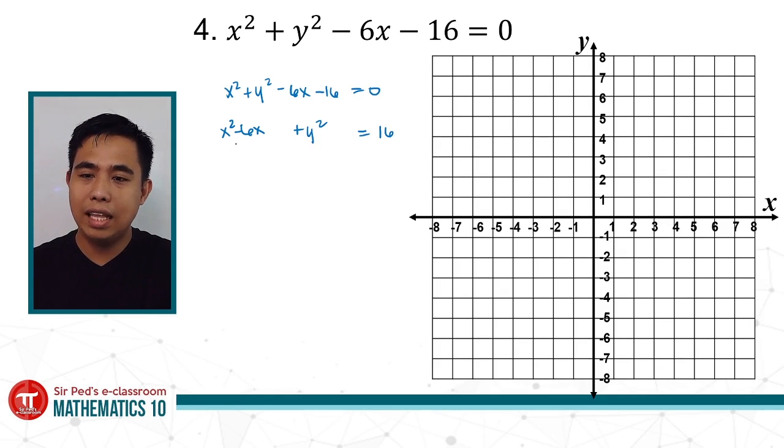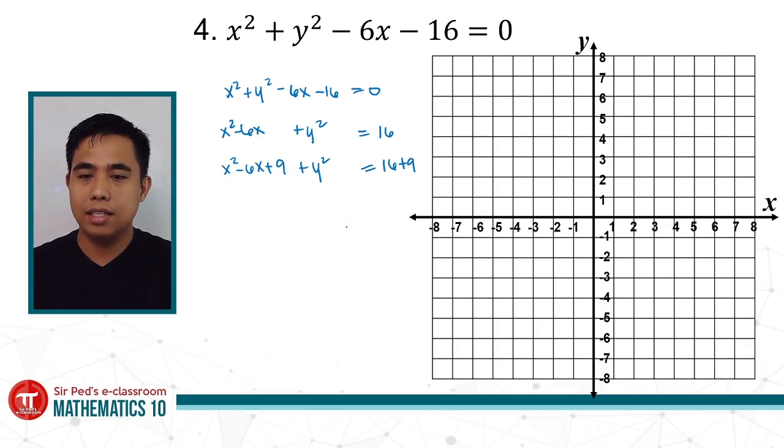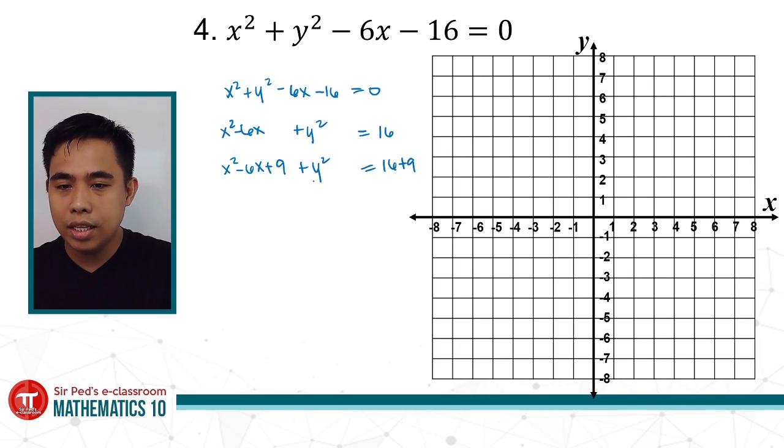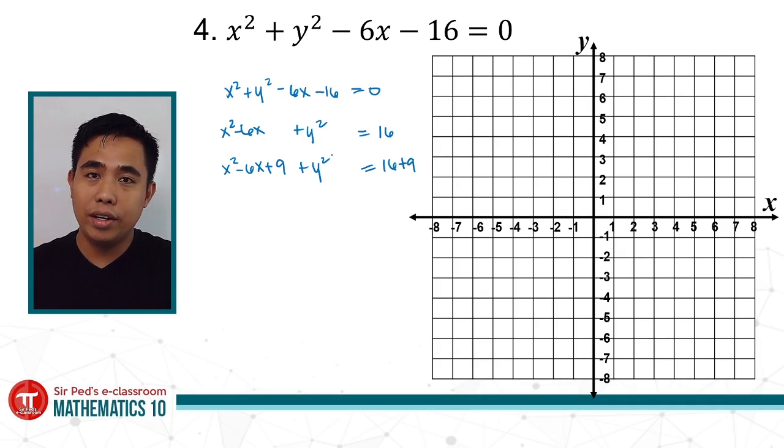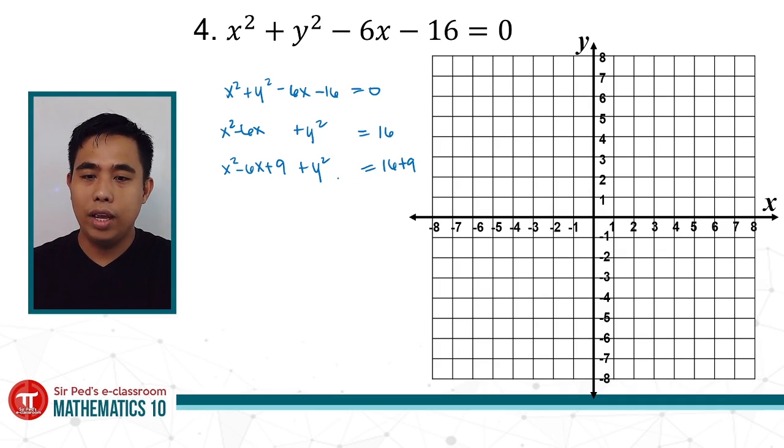So, what must be added to x squared minus 6x to make it a perfect square trinomial? And that will be plus 9. So, plus y squared equals 16 plus 9. Since this is now y squared and it's already a perfect square, then it will remain as y squared.